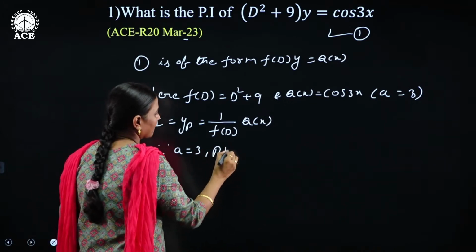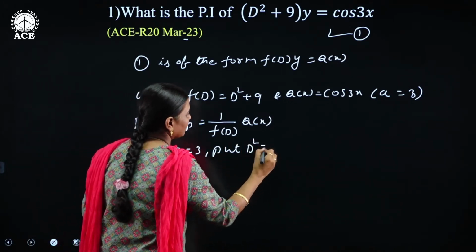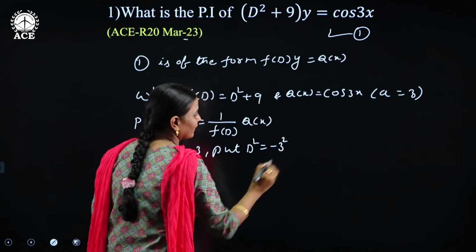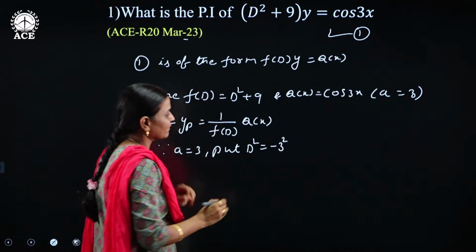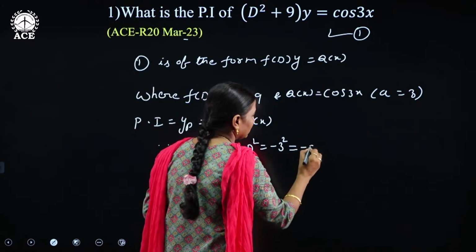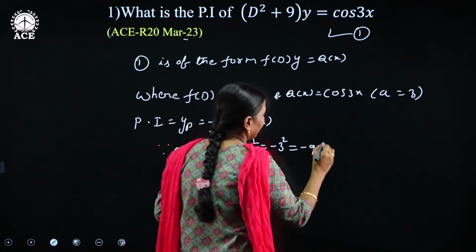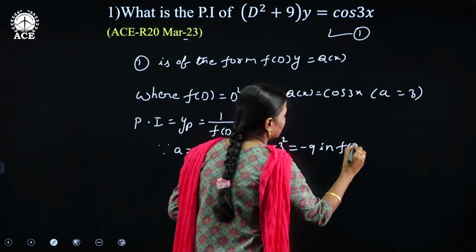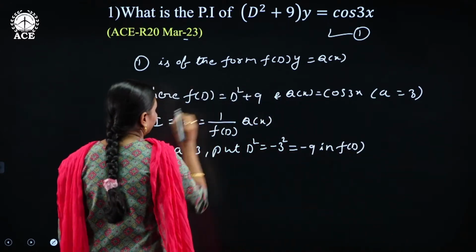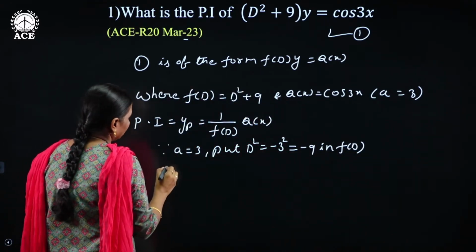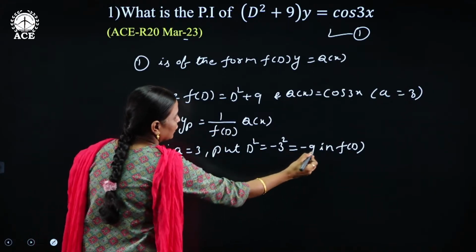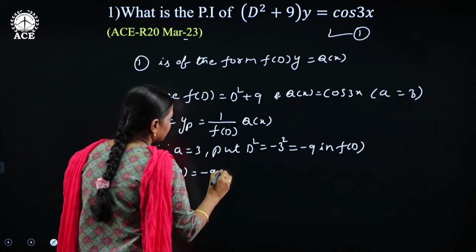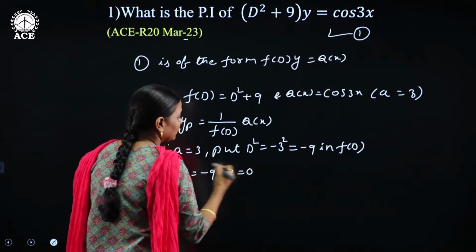So put d square is equal to minus 3 square, not minus 3 whole square, that is minus 9, in f of d. So f of d is equal to d square, which is minus 9, minus 9 plus 9 is equal to 0.